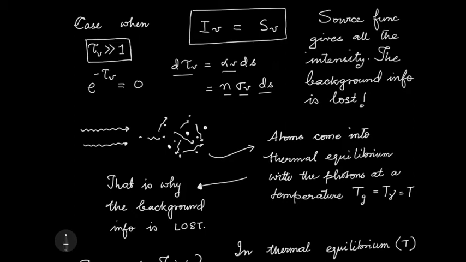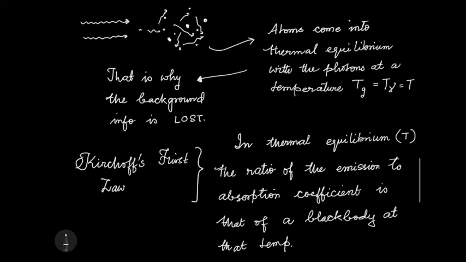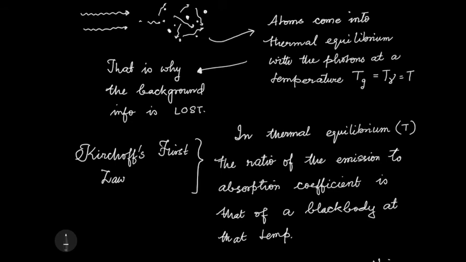Tau much greater than 1 means a lot of collisions between photons and the particles in the medium, often called a gas. Once that happens, the gas and the photons come into thermal equilibrium at some temperature, say T.